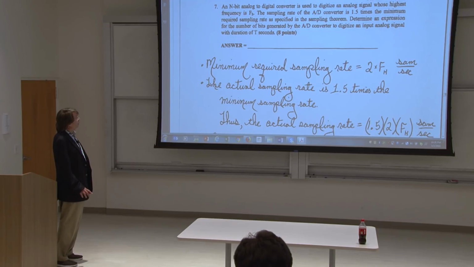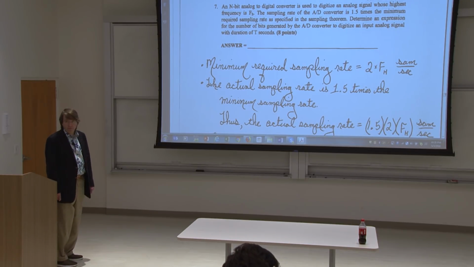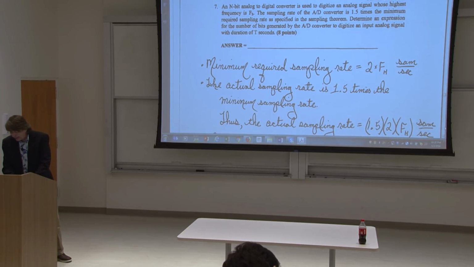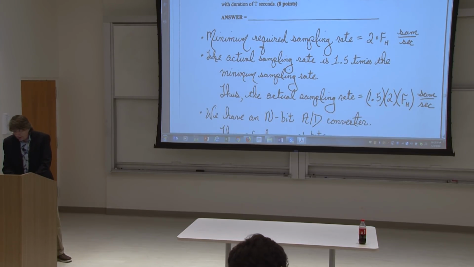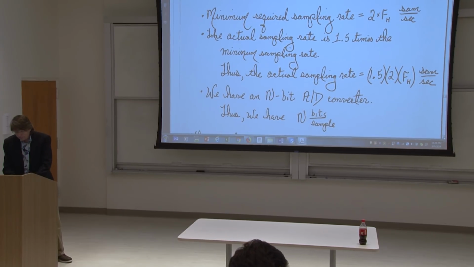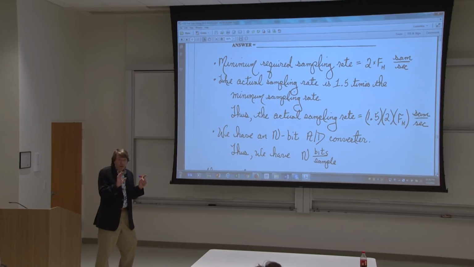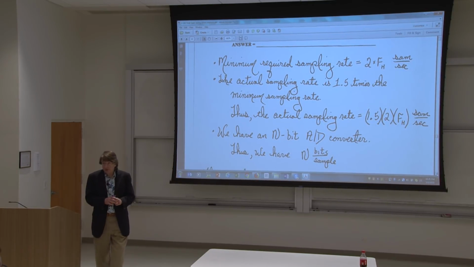Determine an expression for the number of bits generated with a duration of capital T seconds. Now, this may sound difficult. I don't think it is if you follow the units. So let's be very careful and be strict about the units.